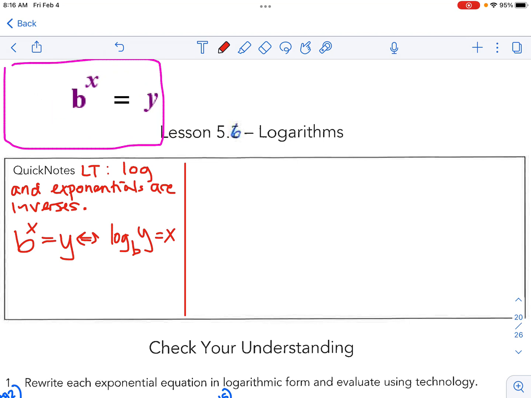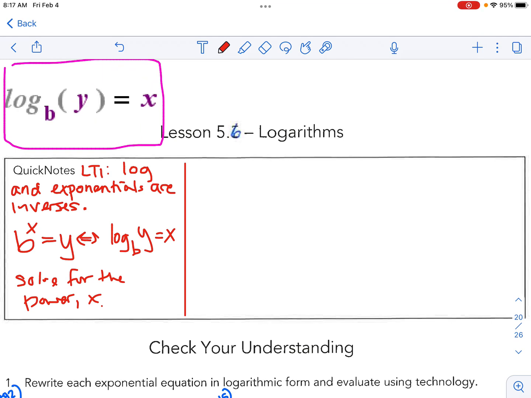That's how we are able to get that power. So just recognize that this is a solution method to solve for the power x.